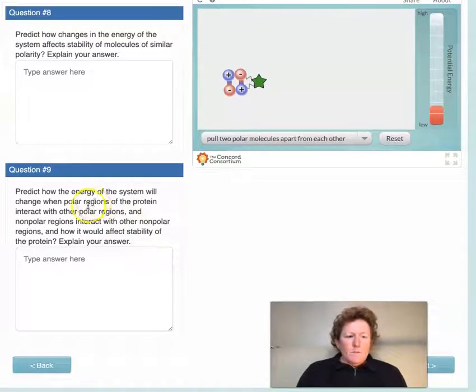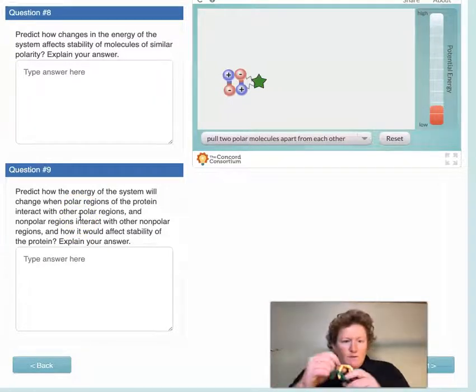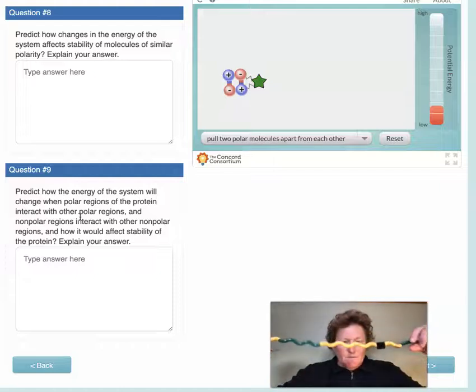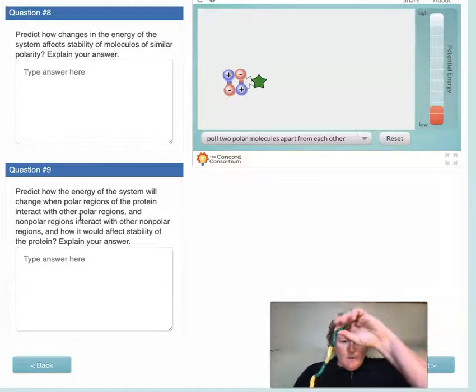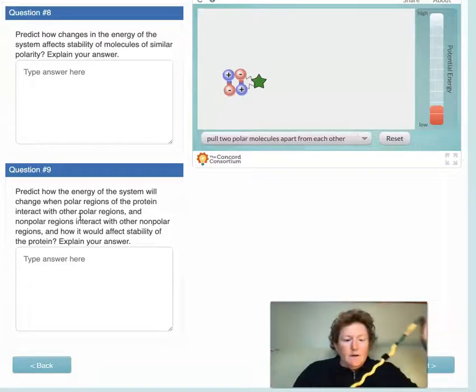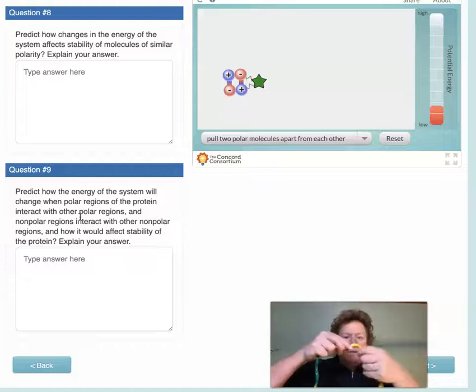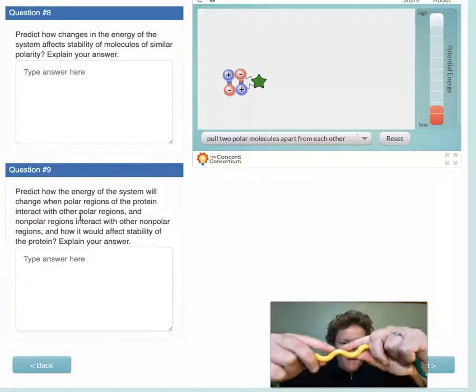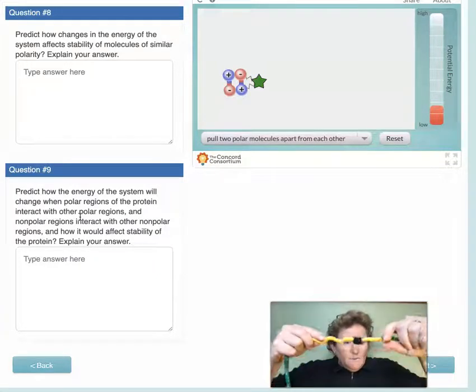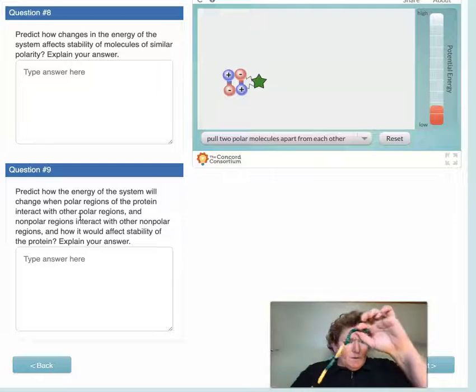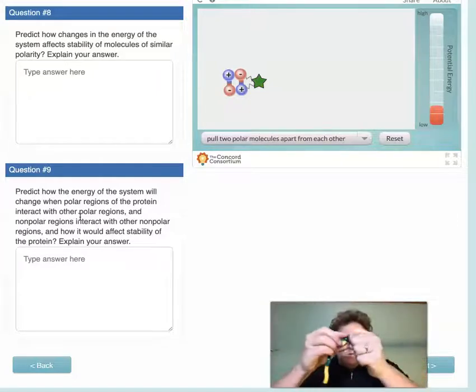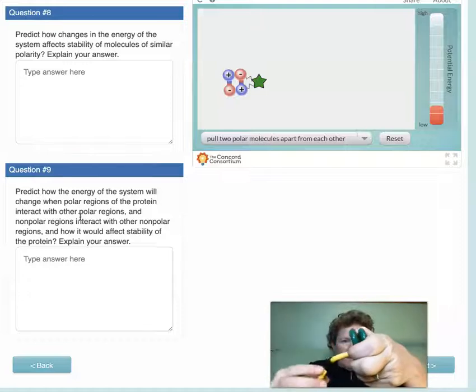Question 8, predict how the energy of the system will change when polar regions of the protein interact with other polar regions. So if we have a protein here, remember proteins are made of amino acids. We have some polar amino acids represented by green. We have some non-polar amino acids, chunks of the chain here that are represented in yellow. If we have polar amino acids, those polar amino acids are going to want to get out to be with water.